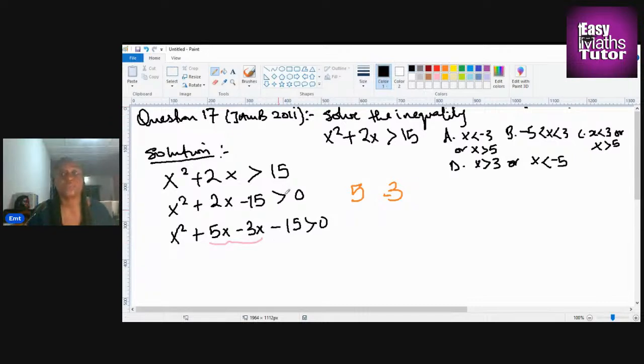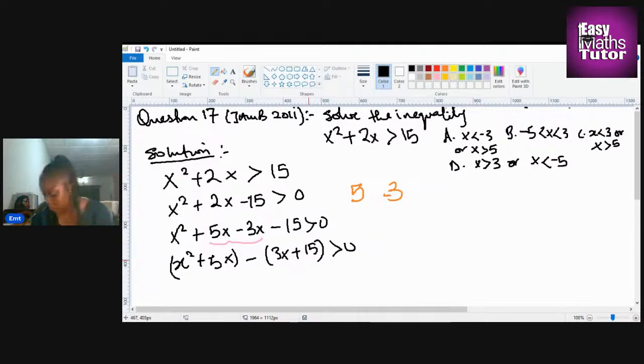Moving on, we group them into brackets: x squared plus 5x, bracket, minus 3x plus 15 greater than 0. Because I pulled out minus from these brackets, I ended up having plus 3x and plus 15.